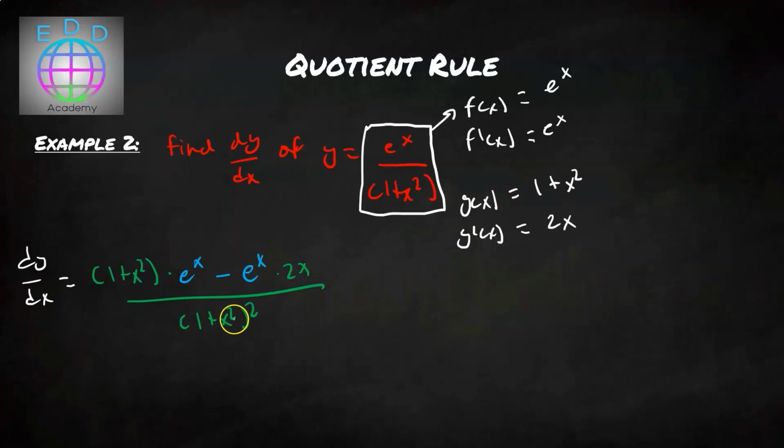Do not forget to square this low term. And once again, this fits the low d high minus high d low, all over low squared.